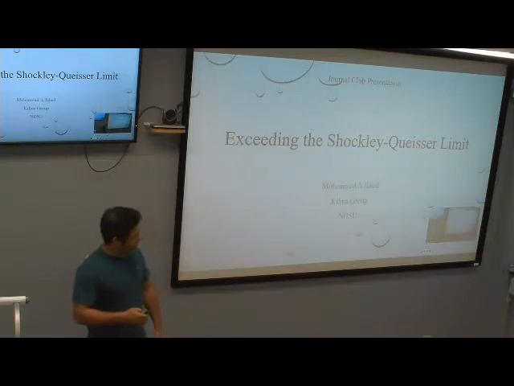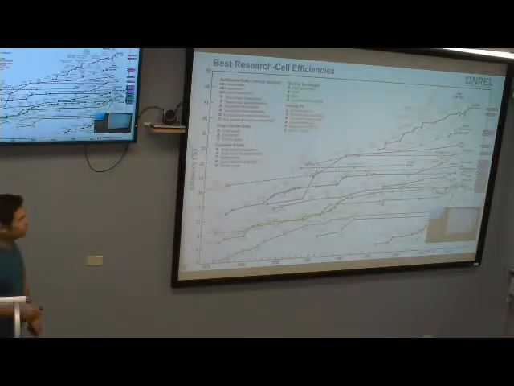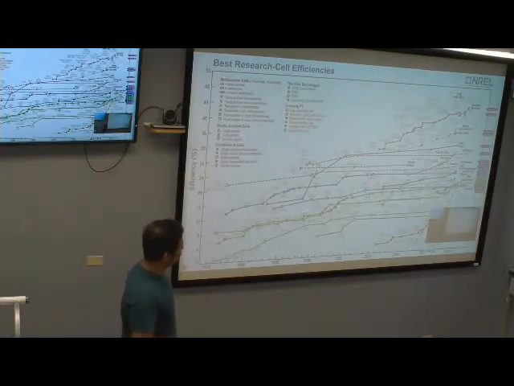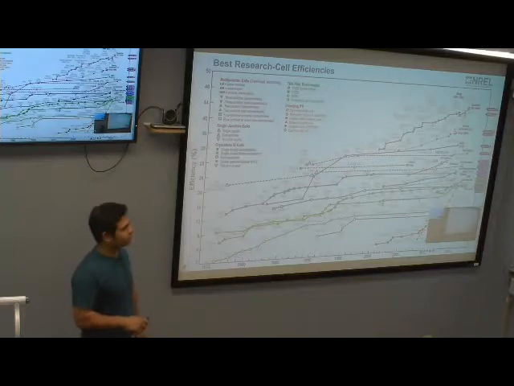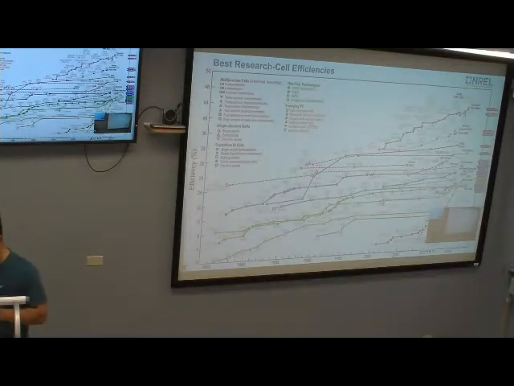So let's start with a very well-known image. I'm not going to talk about everything. If you look at the overall overview, there are a lot of different types of photovoltaic cell, but every efficiency is below 30% or 31%, and there are multi-junction solar cells. Those efficiencies are more than 30%, but still 50% or less overall.